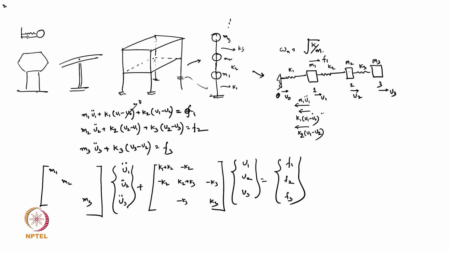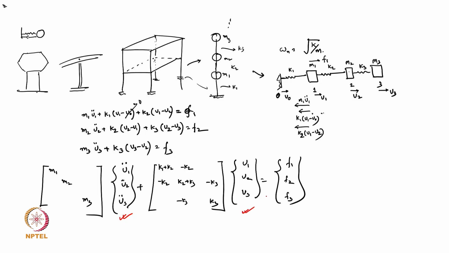The first term you get here has the acceleration terms, that is u double dot. So the different u components like u1, u2, u3, and their double derivatives with respect to time are placed here.